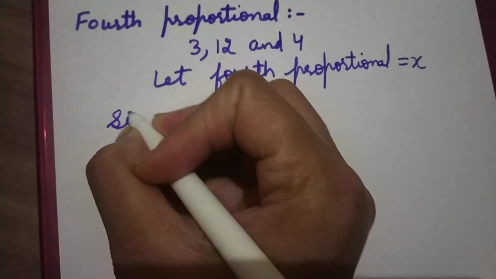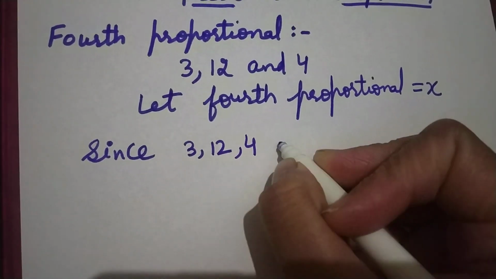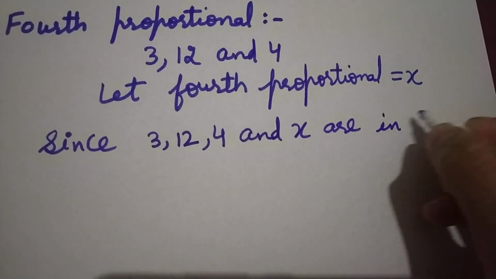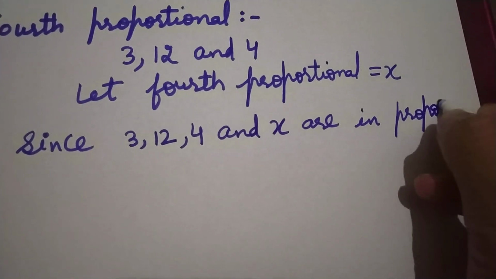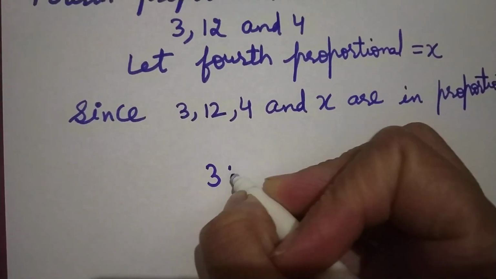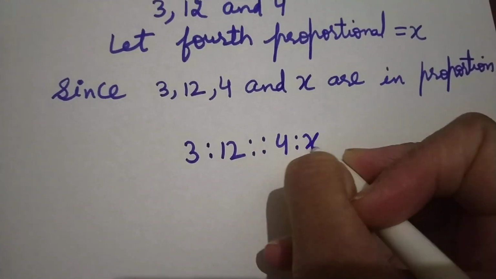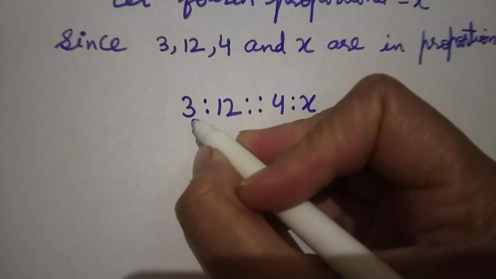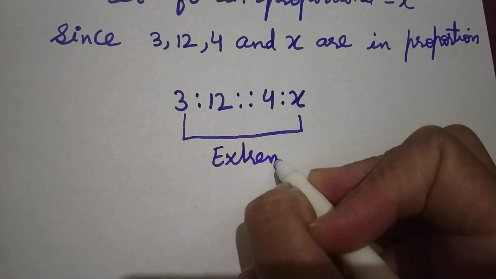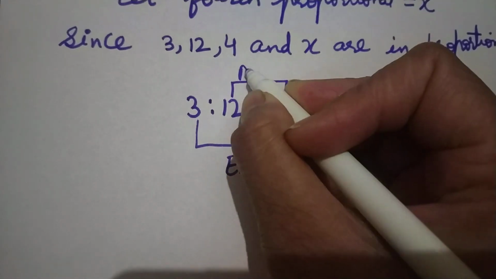Since 3, 12, 4 and x are in proportion, therefore 3 ratio 12 is proportional to 4 ratio x. Here 3 and x are extremes, the first and fourth terms. 12 and 4 are means.